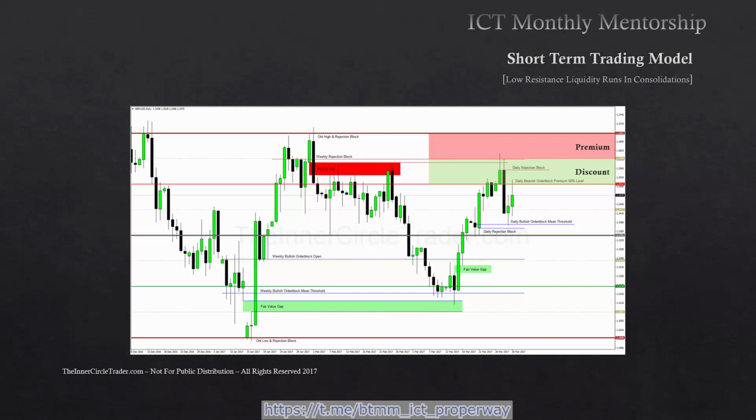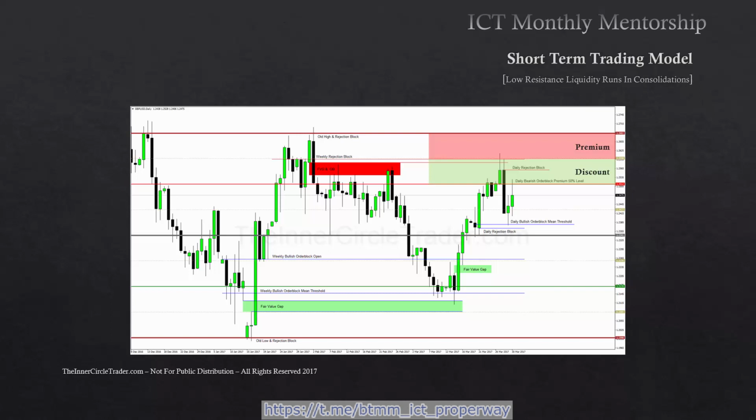The shaded area that says premium, that's the highest portion or last little segment of price in this consolidation. So anytime price reaches up into that, it's going to have a much more impactful response in price when it trades to a bearish PD array or a premium PD array.